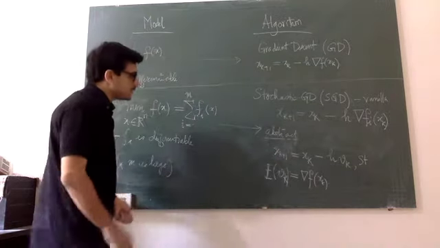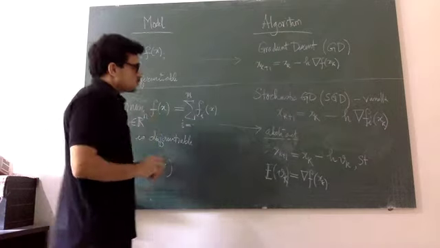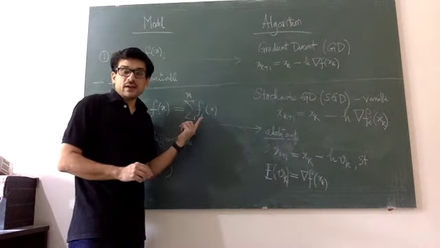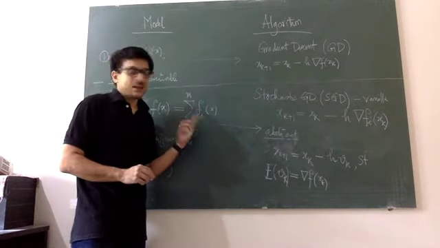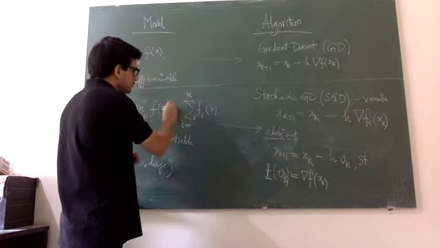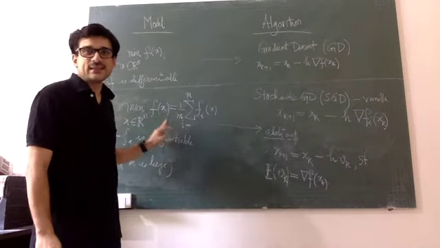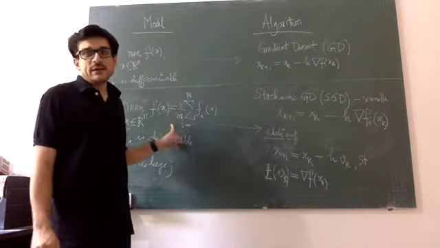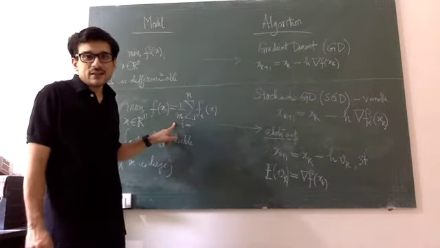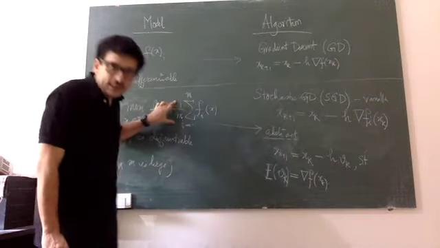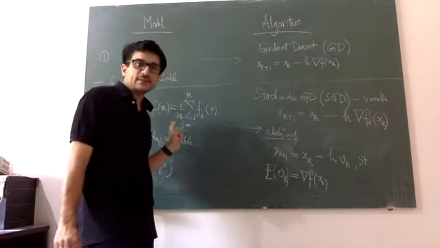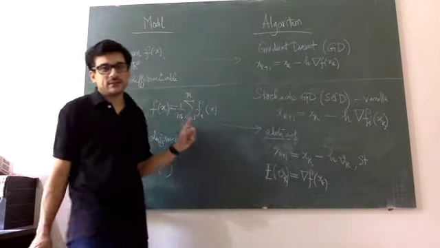Why? Because you're sampling uniformly. That's precisely the reason why, in optimization, this factor doesn't matter. But it's written like this precisely because if you take the expected value, you get this.